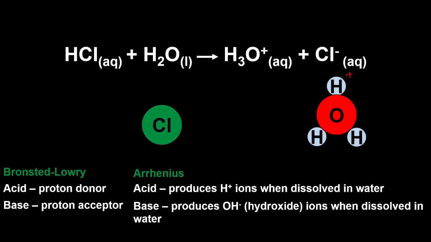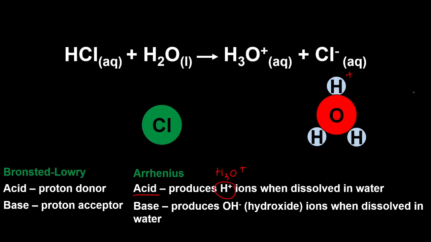So we can also see that an acid also increases the concentration of H3O plus in the solution. Again, this H3O plus comes from the H plus ions that are captured by an H2O molecule.